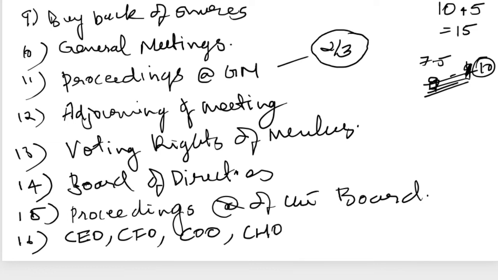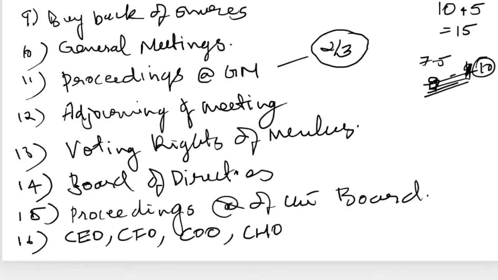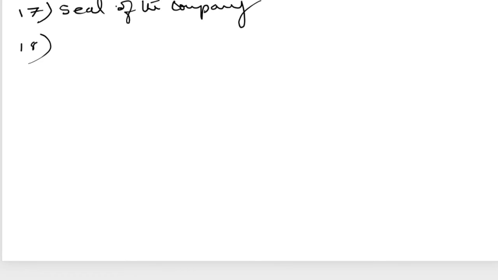And next, 17, seal of the company. Seal is not mandatory, but if you have a seal, that should also be mentioned. You have to give the specimen of the seal. Next is dividends and reserves.